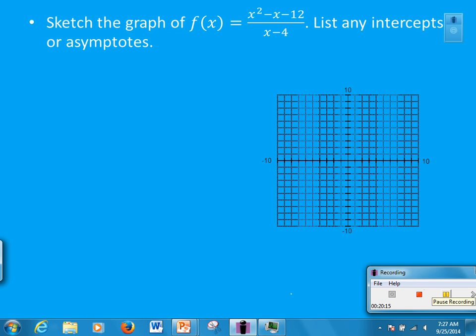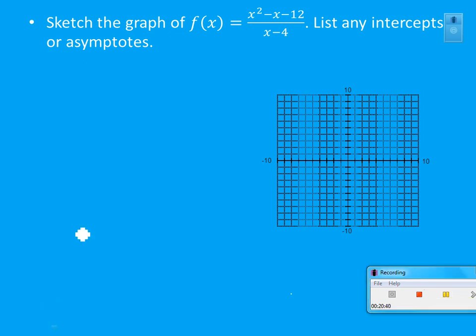If you would, this will take a second, but go ahead and graph that, because I need you to see something in your calculator. And I'm not insulting your intelligence, so parentheses x squared minus x minus 12, close your parentheses, divided by parentheses x minus 4.